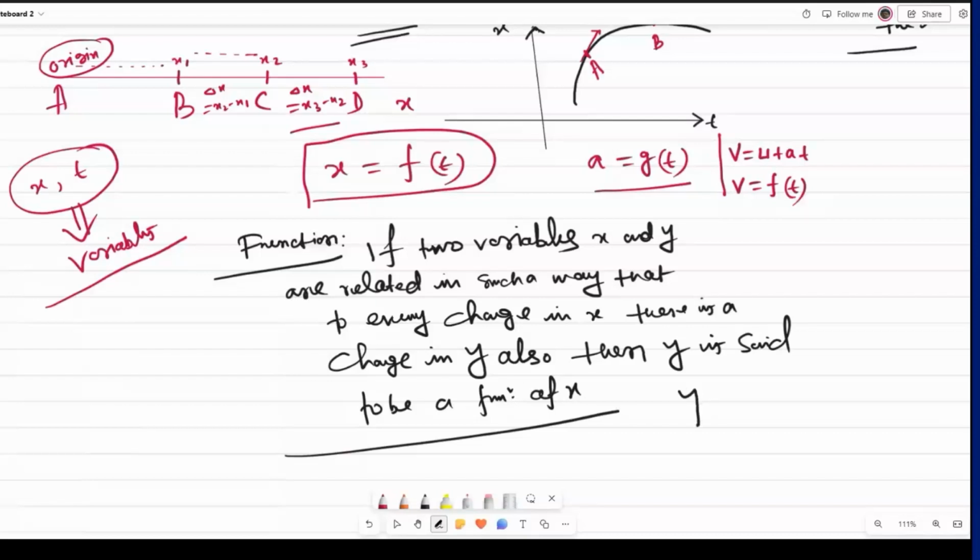We write y equal to f of x, the way we have written x equal to f of t. x is a function of time.